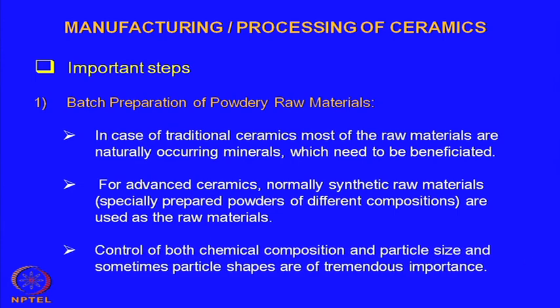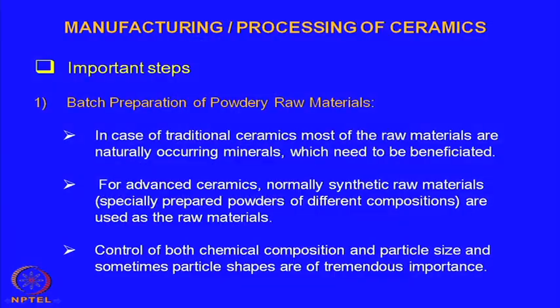Control of both composition and particle size, and sometimes particle shape, are of tremendous importance. As I mentioned, the chemical composition is important, and particle size is important, so that with finer particles your starting material has fewer pores or less open space between the particles, so that consolidation and mechanical strength development become easier at a later stage.